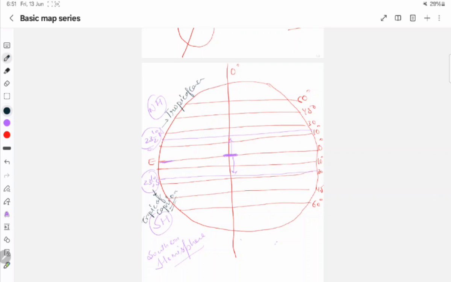For India, we are going to know this much of latitudes, between which India's location lies. India is around here.